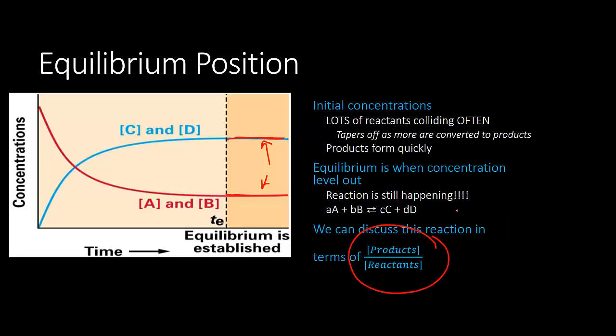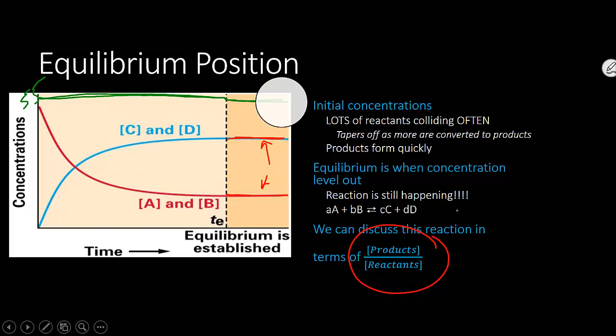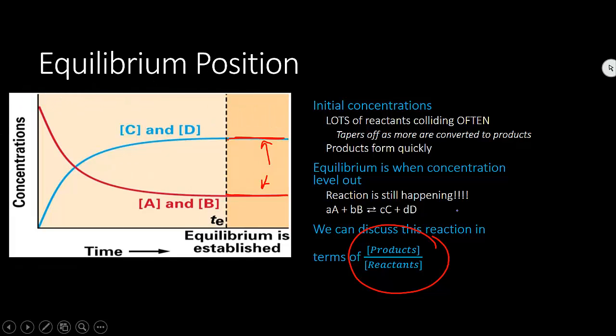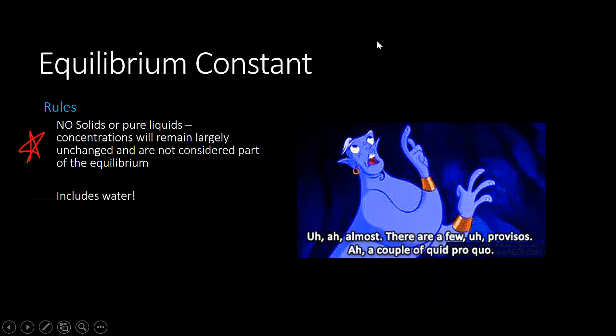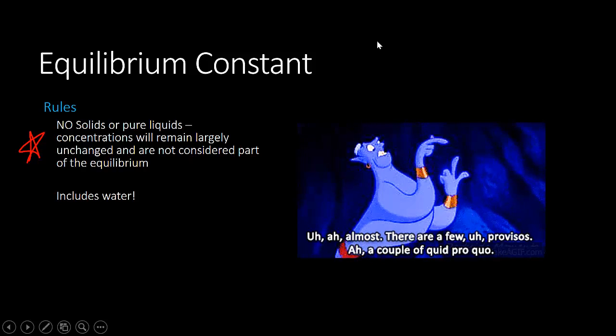And if water were on this graph, it started at 55 molar, and when the reaction reached equilibrium, it probably was at 55.3 molar. Did it make a sizable difference? No. So for that reason, when we talk about equilibrium, we outright ignore pure solids and liquids.